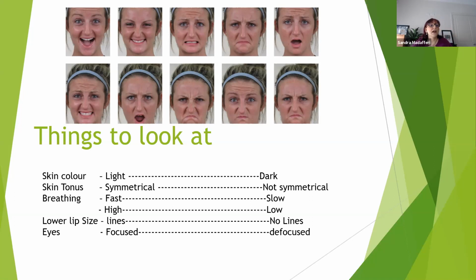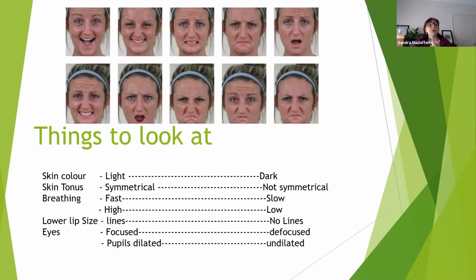And their eyes. Are their eyes focused or defocused? And also lines in their eyes. Have a look at that lady again: the bags under her eyes are deeper and blacker in some of the pictures, in some of the expressions, and not so much in others. Okay, so again, like I said, you don't know what she's thinking, just looking at the difference.